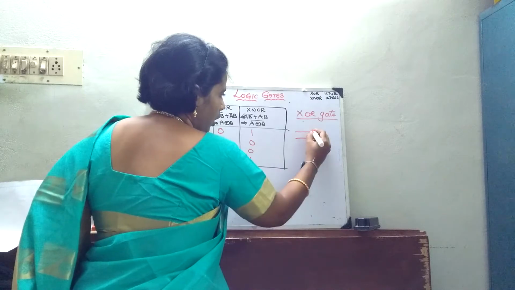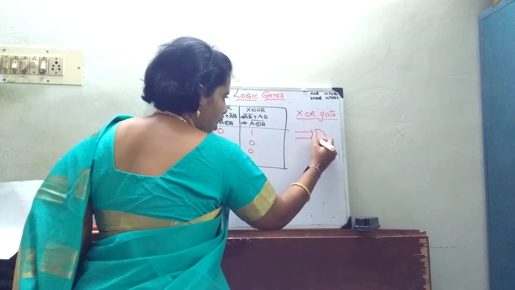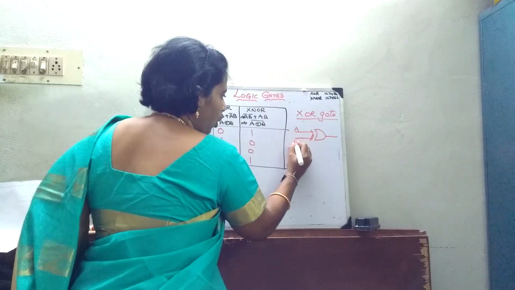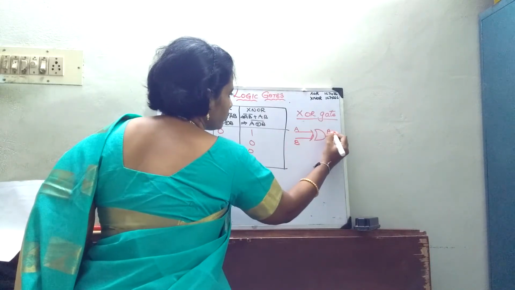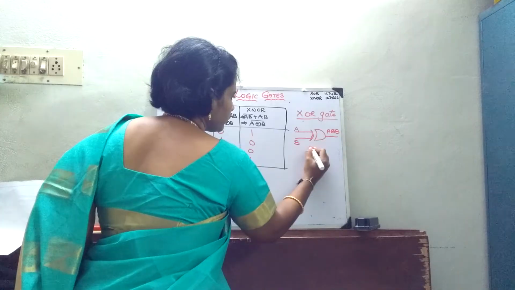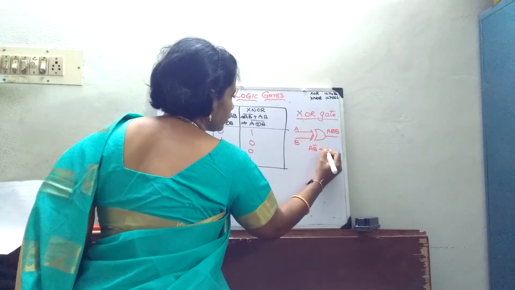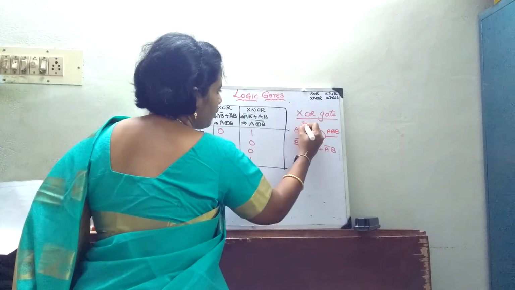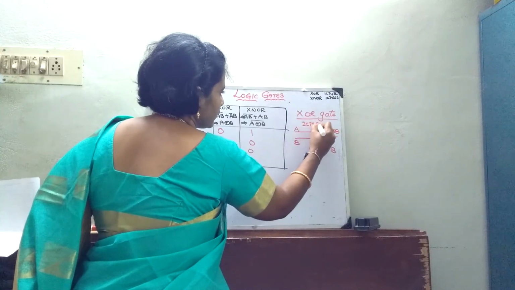So XOR, so I am putting an OR symbol. This represents your XOR gate operation. And XOR gate has an IC number of IC7486.